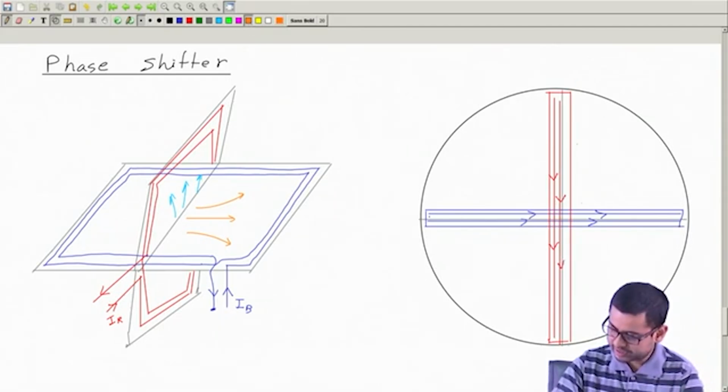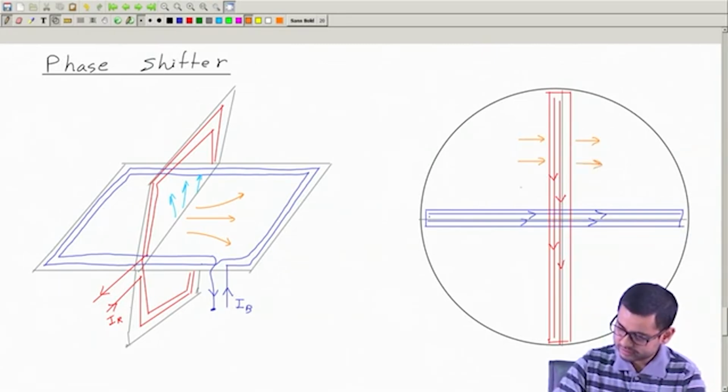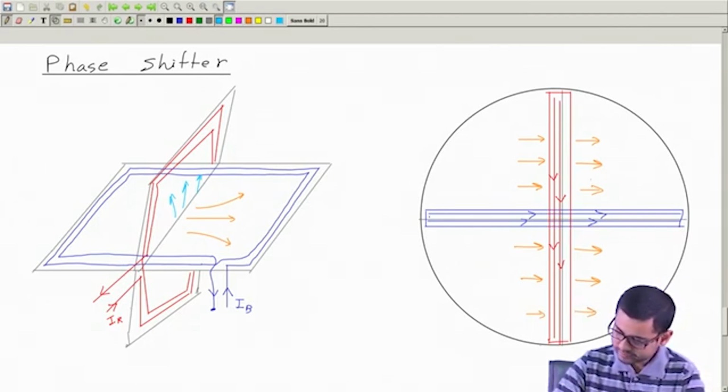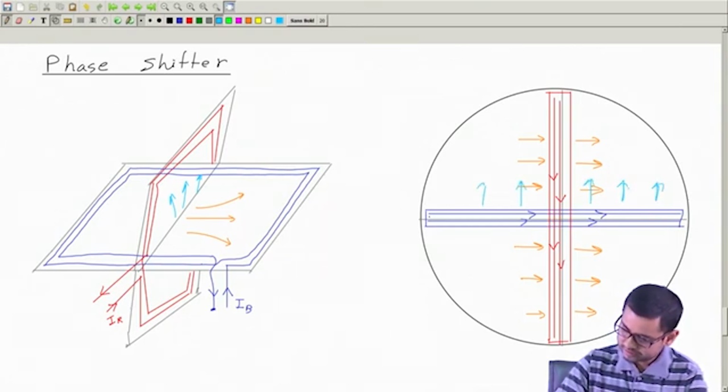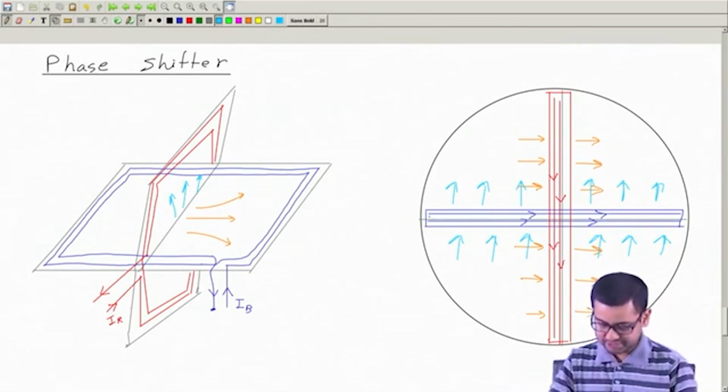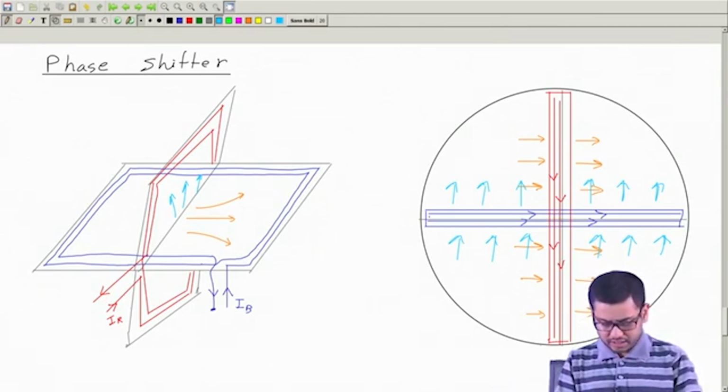Red flux lines are in this direction, and blue flux lines are upwards. So they are perpendicular to each other. They are actually closed curves, but I am not drawing them as closed because I do not want to make it clumsy.